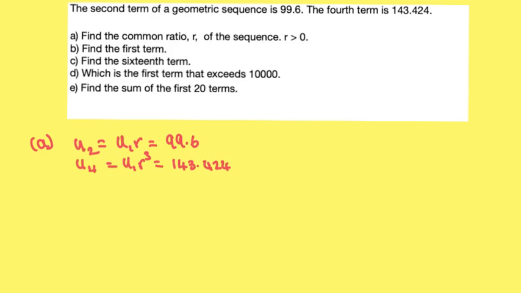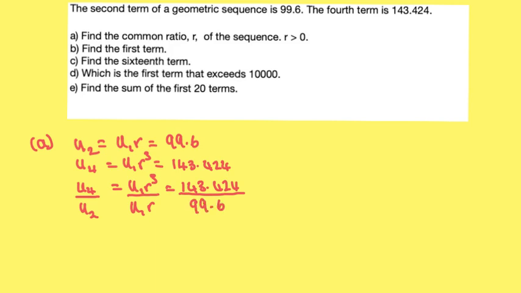So if we divide u4 by u2, we get u4 over u2 is equal to u1 r cubed over u1 r, which is equal to 143.424 over 99.6.